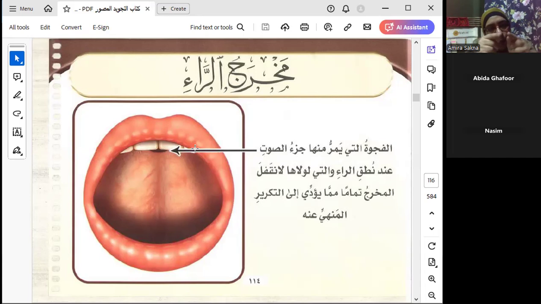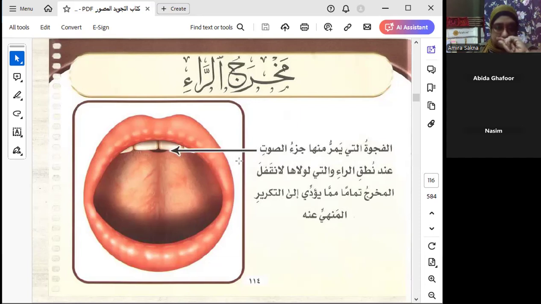Only the tip will be curved from right and left, and this is the area that makes full contact with the alveolar ridge, while the middle part is left free to allow the sound to escape through. If I close the middle part, the Ra will trill too much, and this is not the Arabic Ra. Ar, ar, ra, ru, ri.